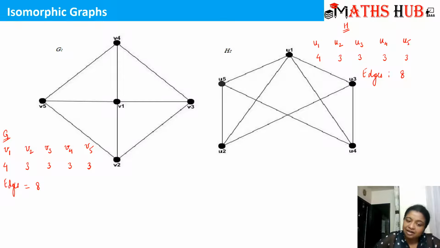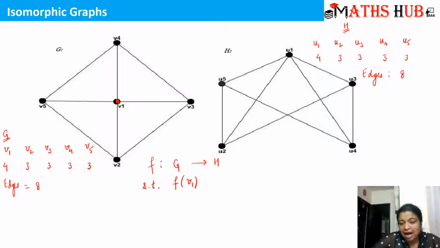Now how will I define a mapping F from G to H? I have to map each vertex to a vertex in graph H so that their degrees match each other, right? So I will define a mapping F from G to H such that F of V1, the first vertex, which has degree 4, will be mapped to a vertex of graph H which also has degree 4.